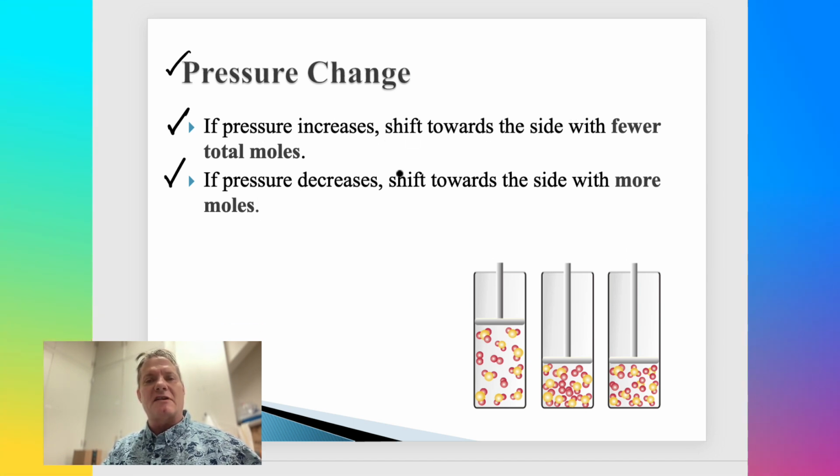If the pressure decreases, we're going to shift towards the side with more moles. That would make sense because we're trying to undo what we have done in terms of the stress. So if I increase the pressure, I shift to the side with fewer moles. By going to the side with fewer moles, it causes a decrease in pressure, thus reestablishing equilibrium. If pressure decreases, then it wants to increase the pressure by shifting to the side with more moles.